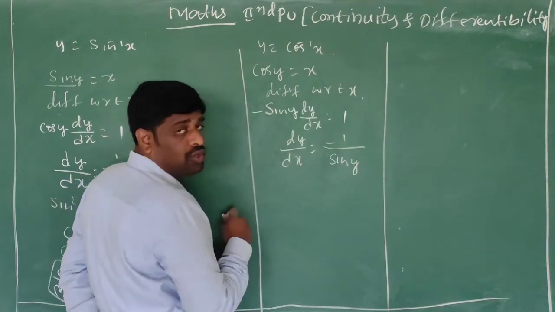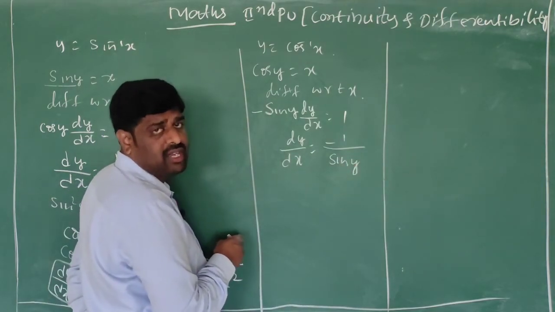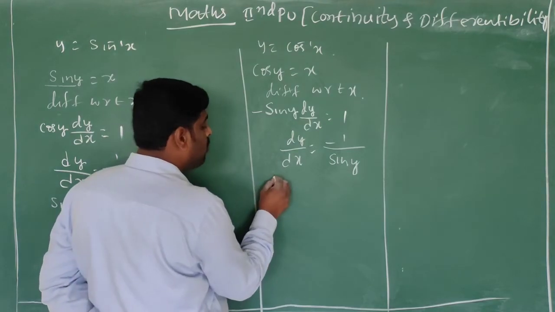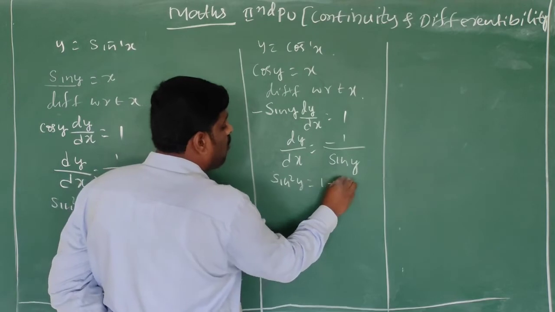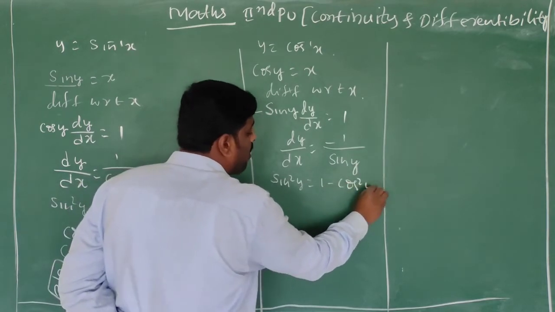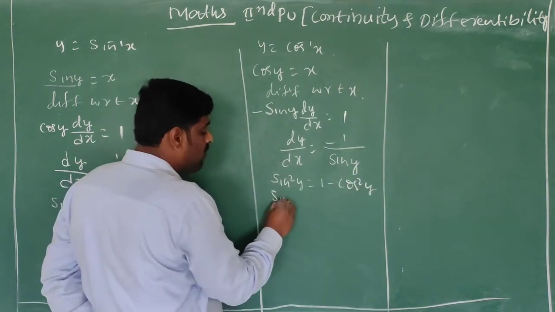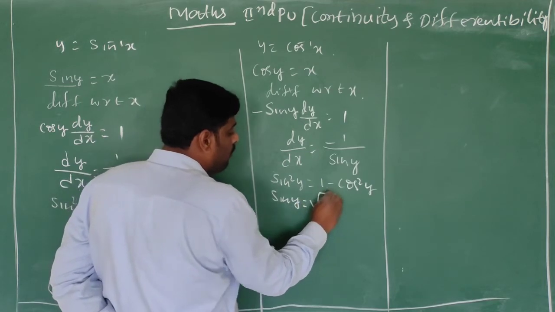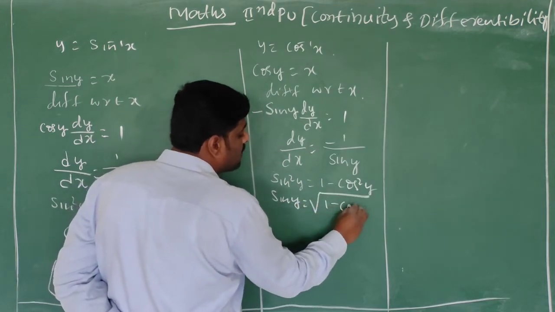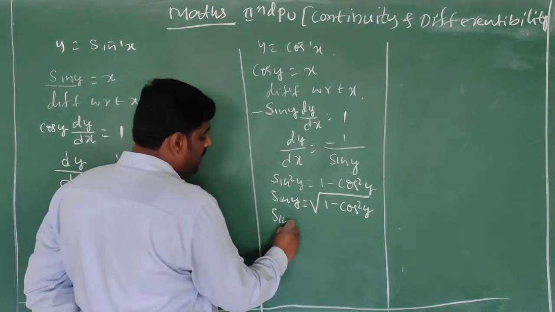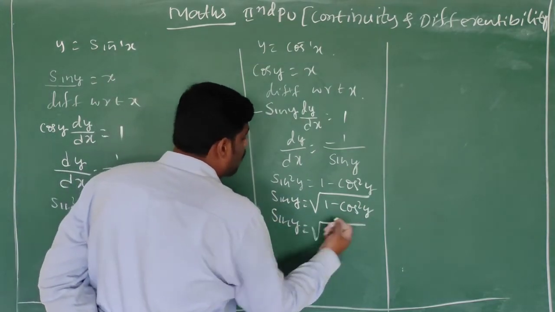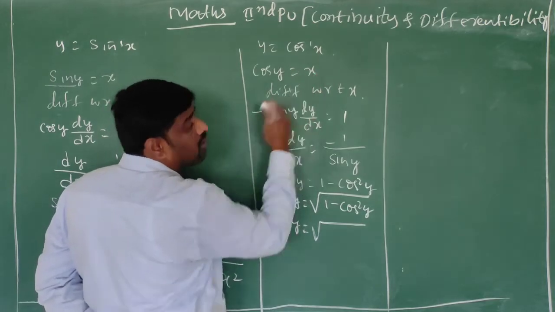Now you have to use the same identity. Sin square y plus cos square y is equal to 1. Sin square y is equal to 1 minus cos square y. Sin y is equal to square root of 1 minus cos square y. Sin y is equal to square root of, cos y is what? x.